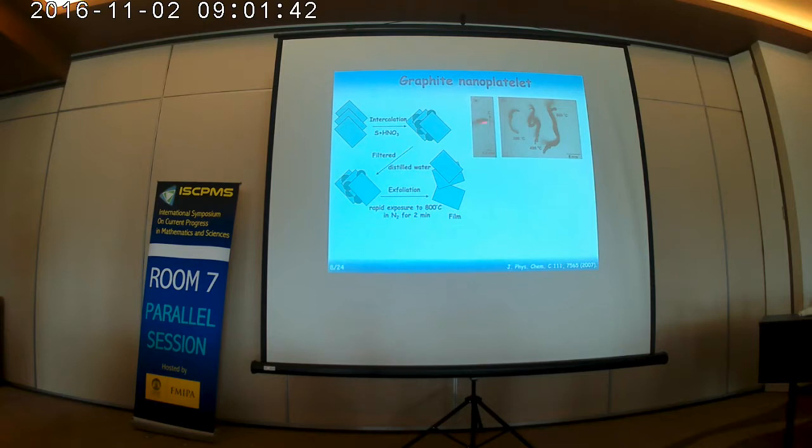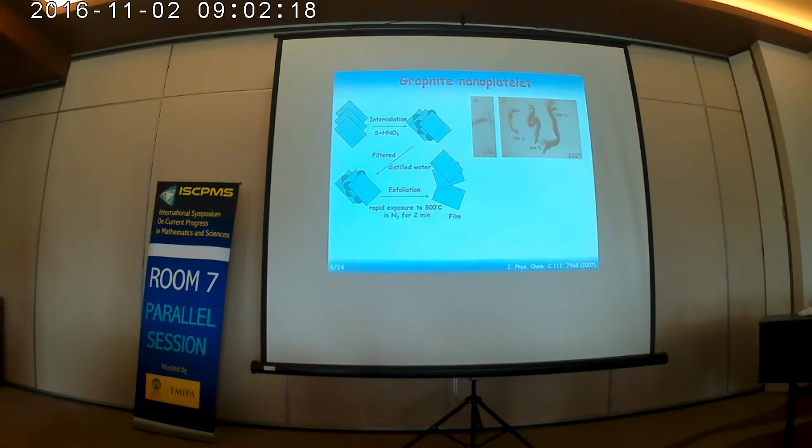We took this natural graphite with an average size of about 500 microns, and then we intercalated this natural graphite with sulfuric and nitric acid, filtered it with distilled water, and then heated it up by thermal shock to different temperatures, 200 degrees C, 400 degrees C, 800 degrees C, in nitrogen gas for 2 minutes.